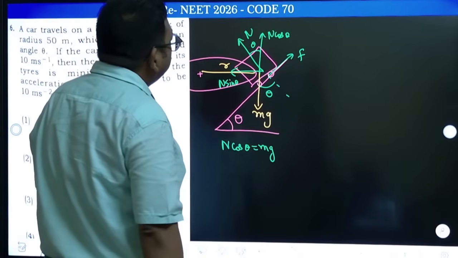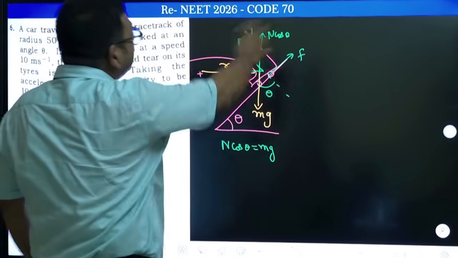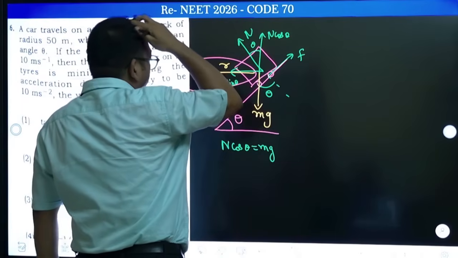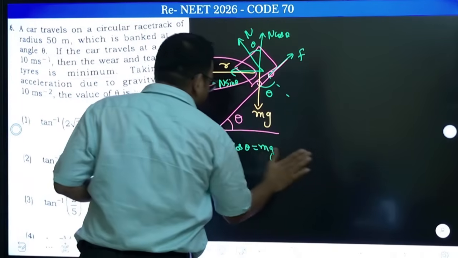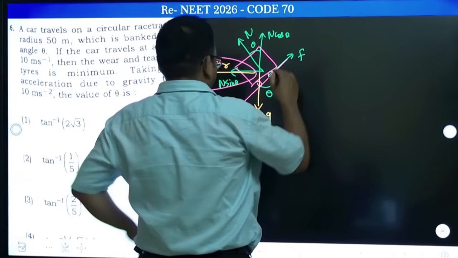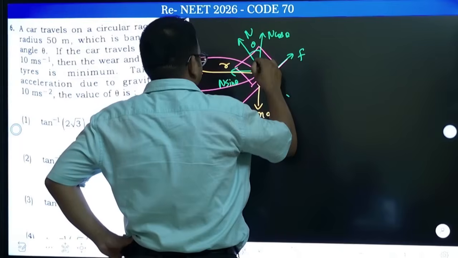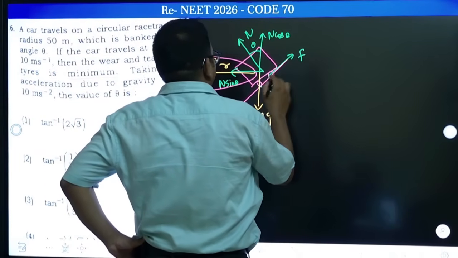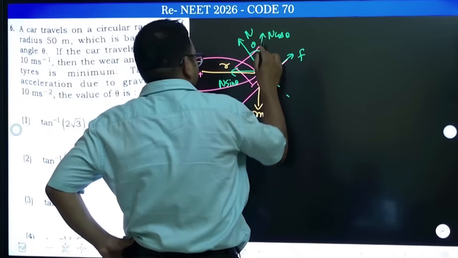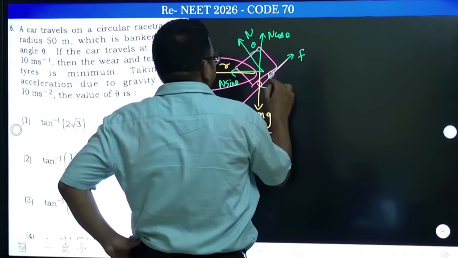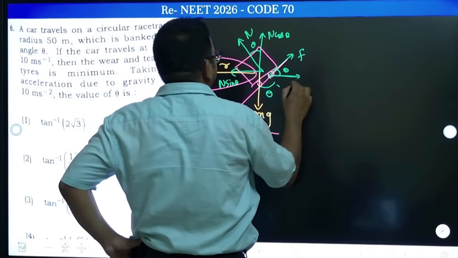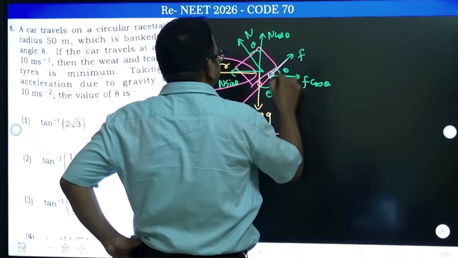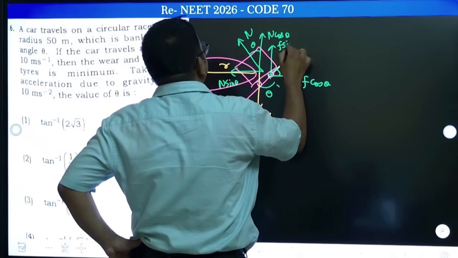Friction we cannot just balance like this; we need to resolve it, so friction cos theta and friction sin theta.